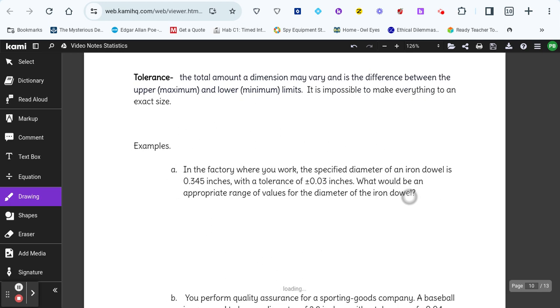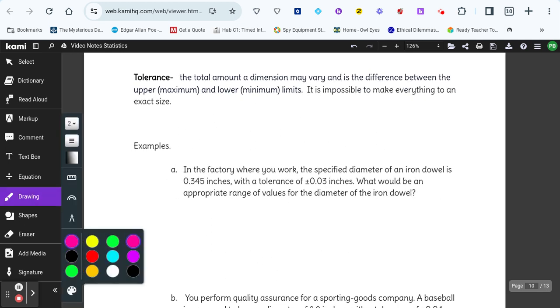So what is tolerance? Tolerance is the total amount a dimension may vary, and is the difference between the maximum and the minimum limits. Basically, it's like a range. It could go so far above or so far below the lowest or highest number.